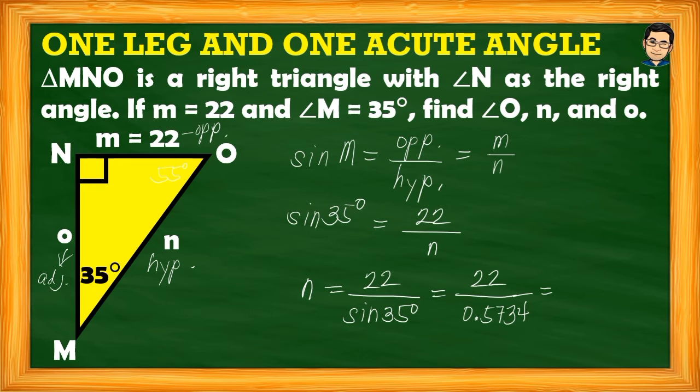And then lilitaw yung sagot na 38.36. So, ibig sabihin, ang sukat ng ating hypotenuse is 38.36. Okay.